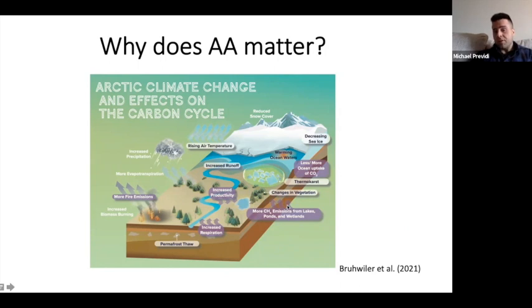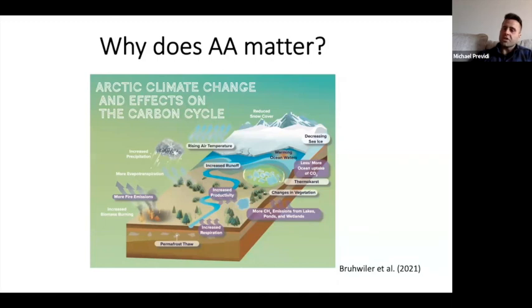That's some of what's happening over land, but of course the ocean is also important in the carbon cycle. And as the Arctic Ocean warms and as sea ice melts, that could have effects on what the exchange of CO2 is between the ocean and the atmosphere. And what exactly will happen in that regard is somewhat uncertain. There's the expectation that as sea ice melts, as you have more open water, that would potentially facilitate greater uptake of CO2 by the ocean.